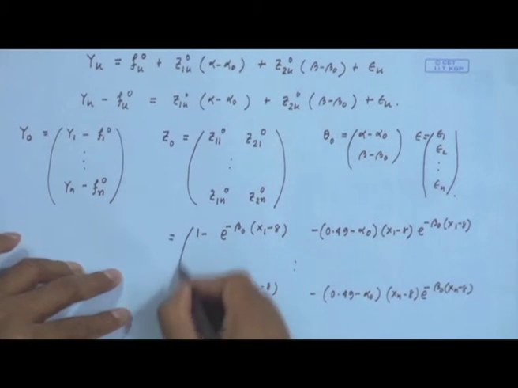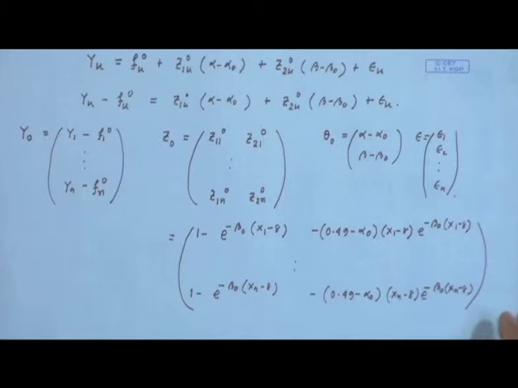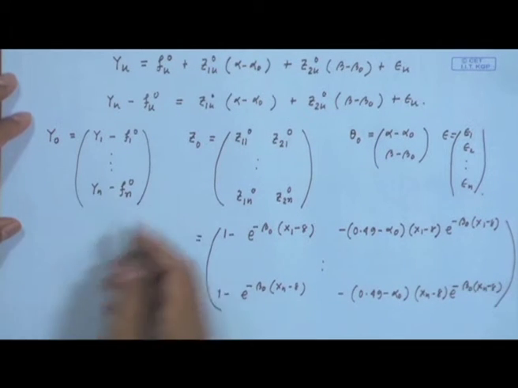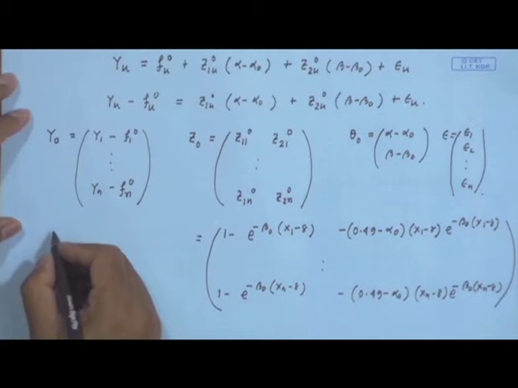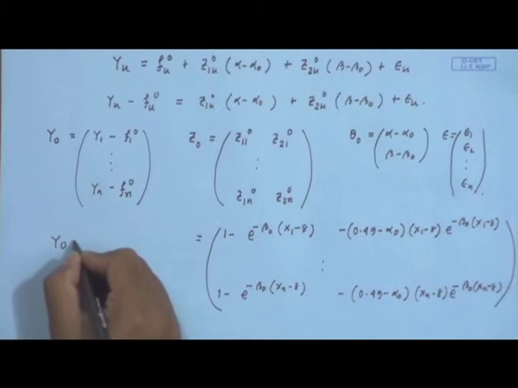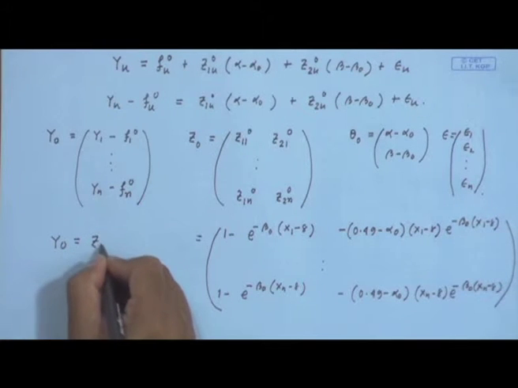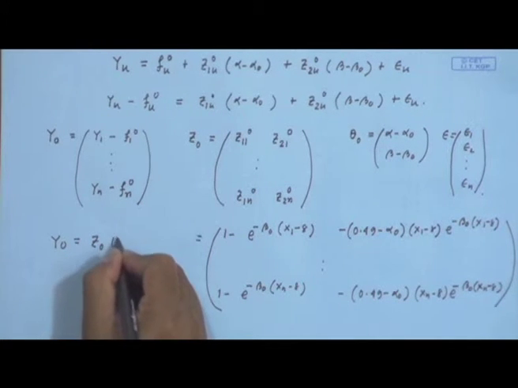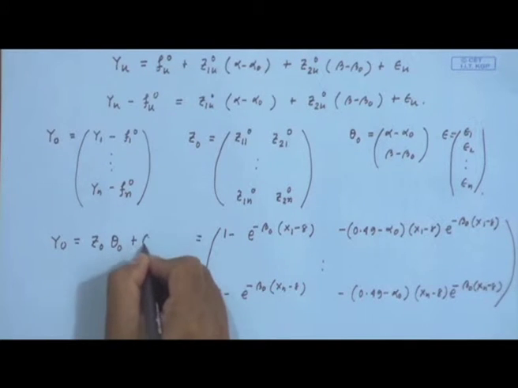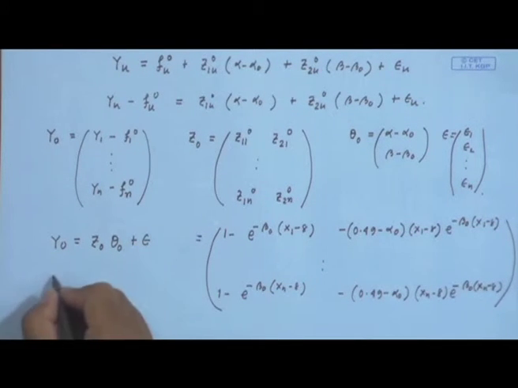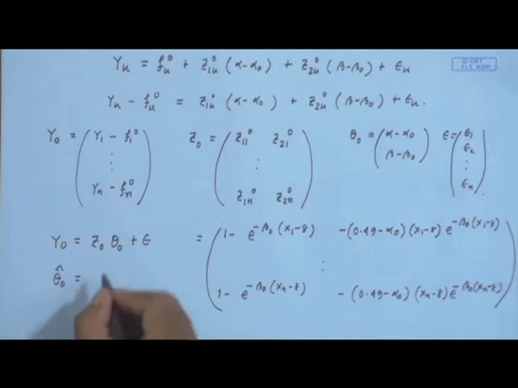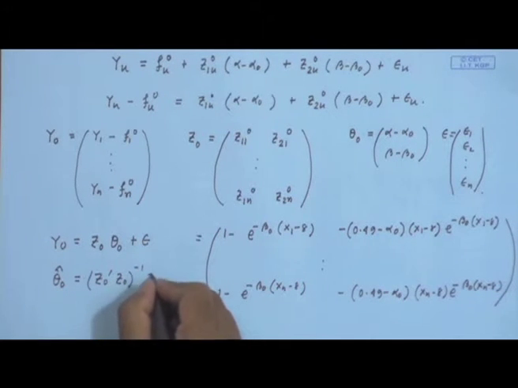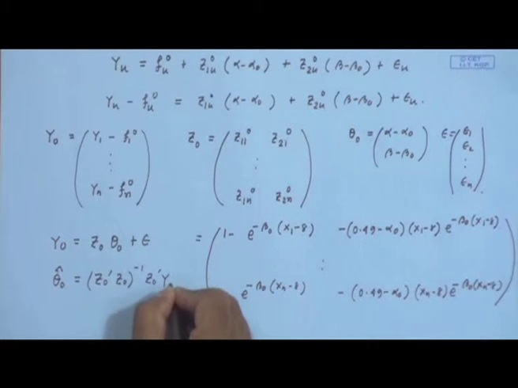Okay. So, this is what the Z naught matrix is, and we know that in matrix form this can now be written as y naught is equal to Z naught theta naught plus epsilon, and we know that then theta naught hat is equal to (Z naught prime Z naught) inverse Z naught prime y naught.